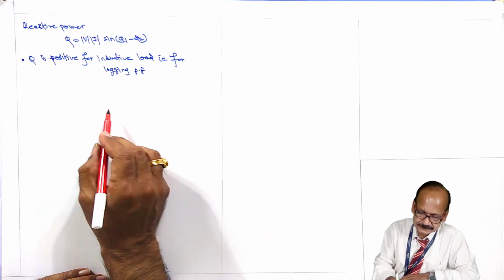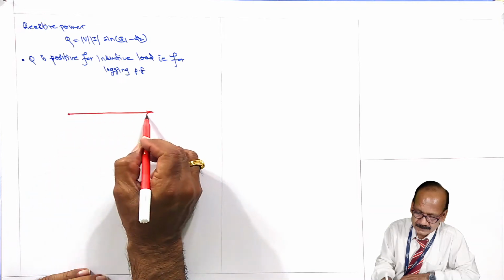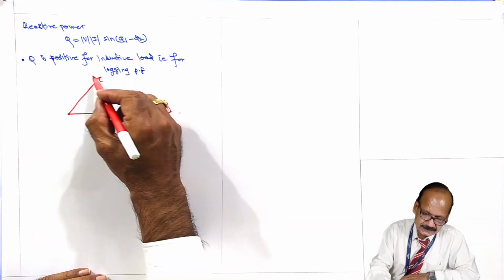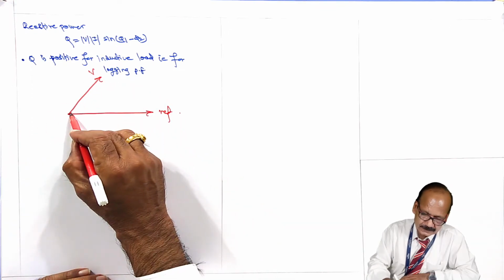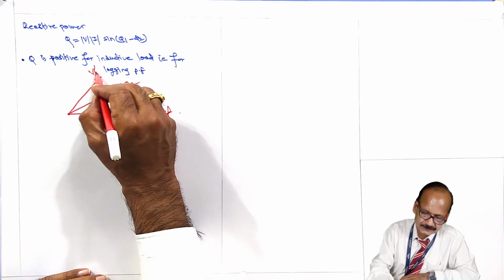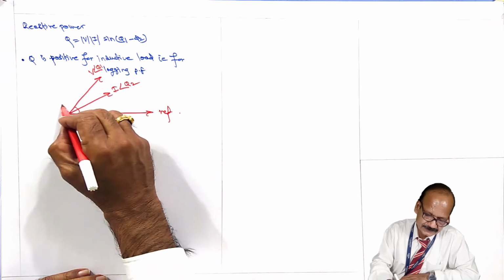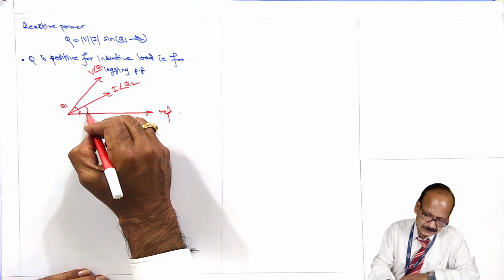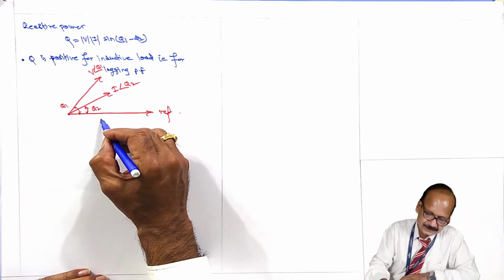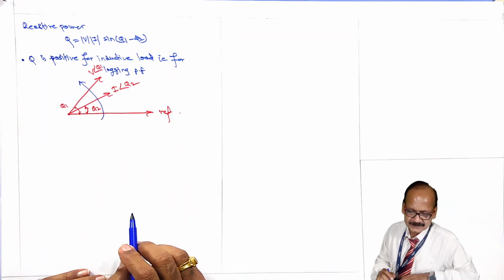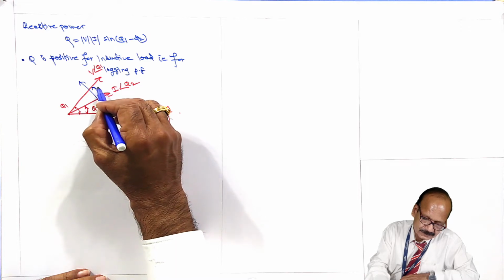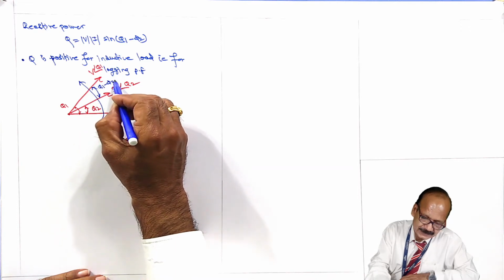See, this is a reference. Say this is phi, this is I, angle theta 2, angle theta 1. So this will be theta 1, this will be theta 2. Now here the current is lagging, and this angle is theta 1 minus theta 2.